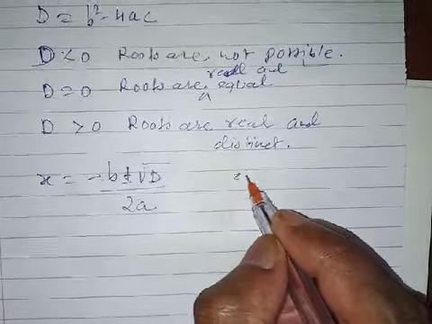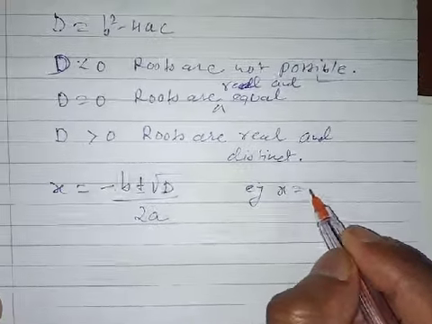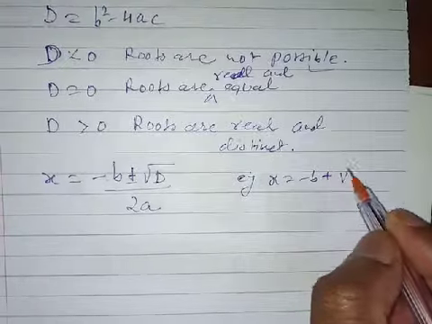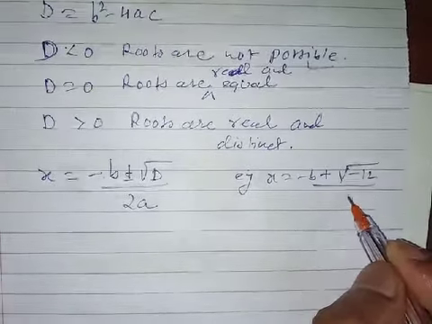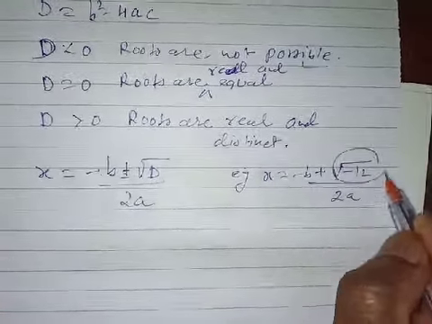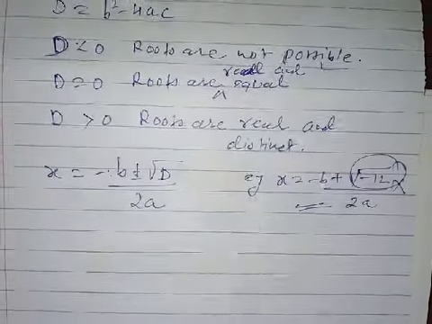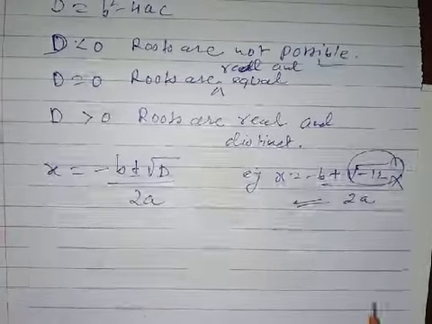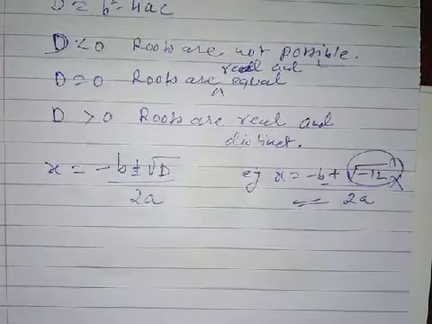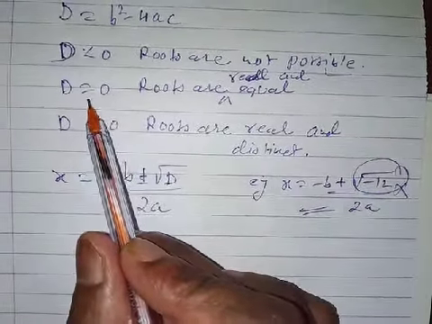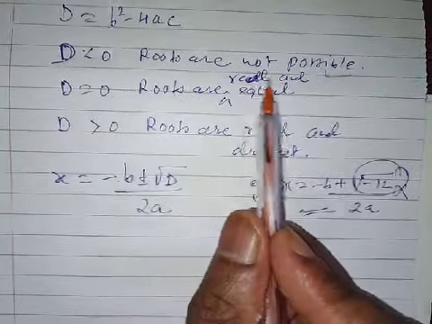For example, we'll take x is equal to minus b plus minus root of minus 12 upon 2a. The root of minus 12 is not possible, therefore we write that the roots are not possible. Second case, when D is equal to 0, we said that the roots are real and equal.